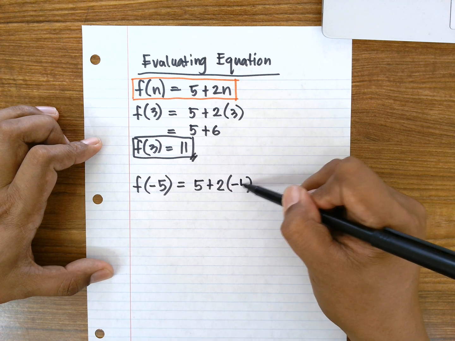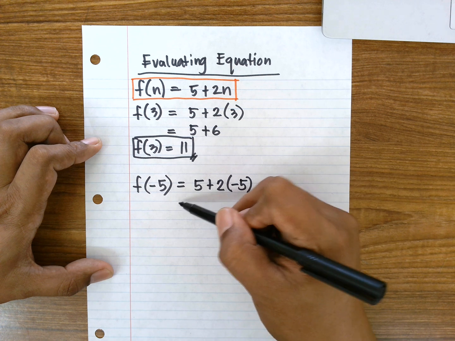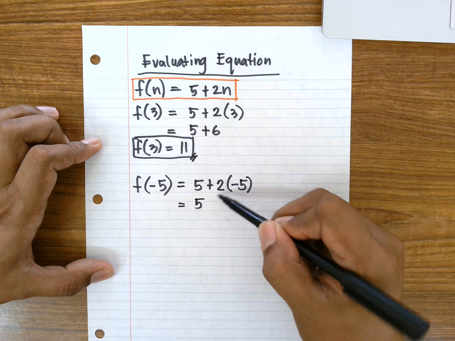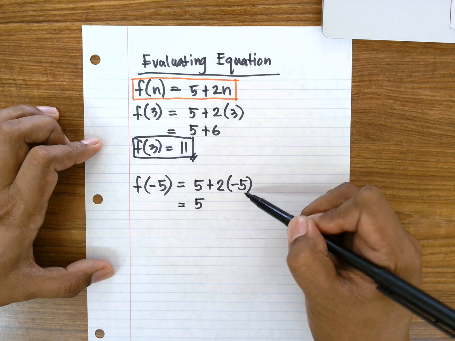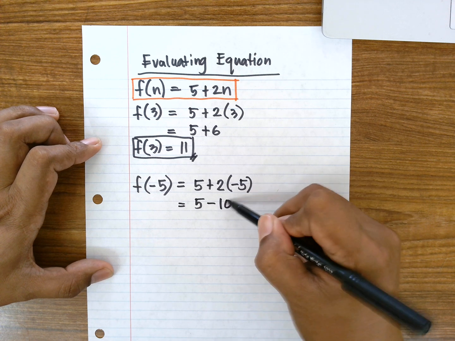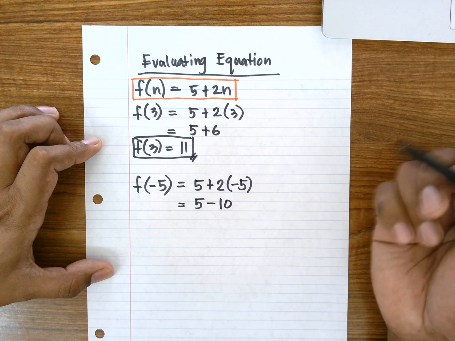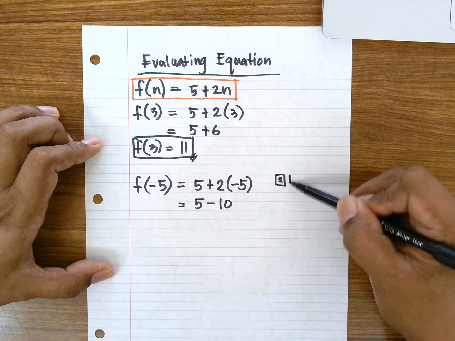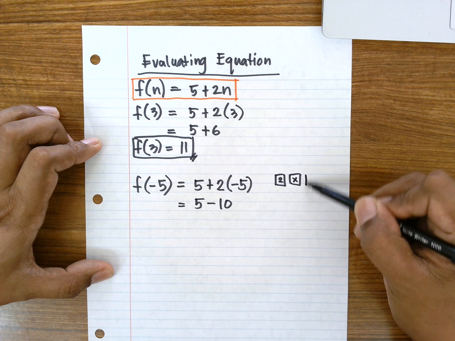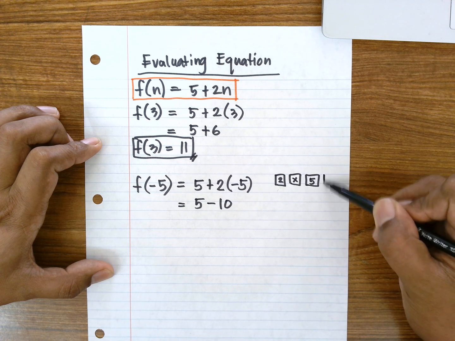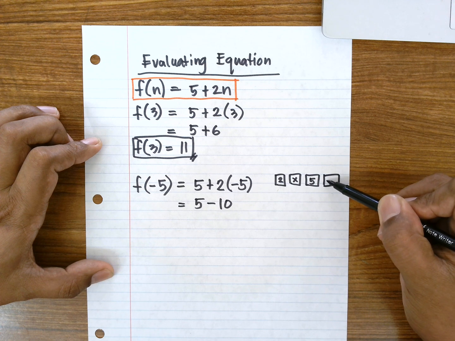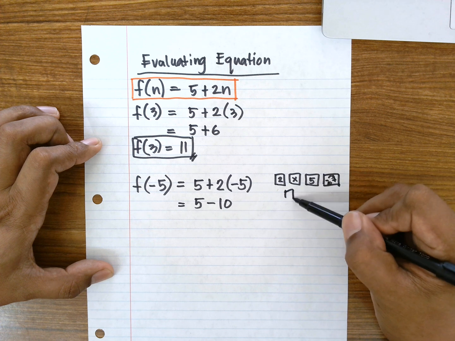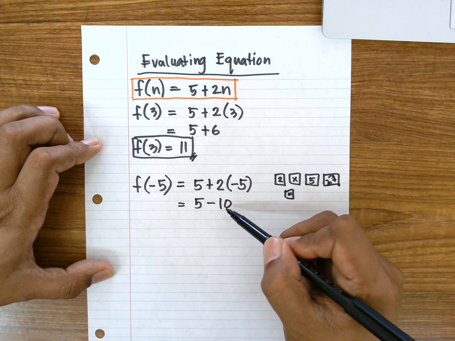Then next, evaluate this one. So we have 5 plus positive 2 times negative 5, which will give you negative 10. Using your calculator, you can press 2, then press times, press 5, and then press the change of sign from positive to negative, and then press equals. It will give you negative 10.